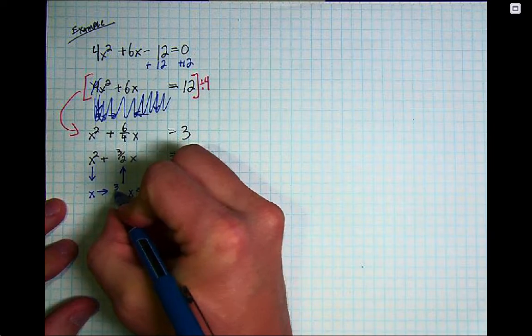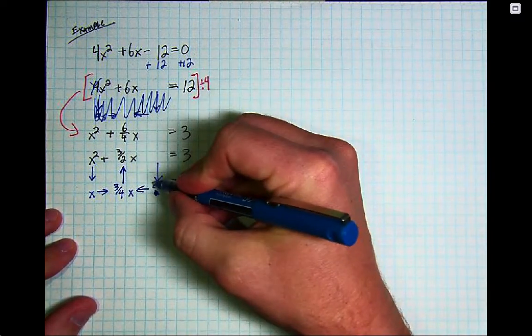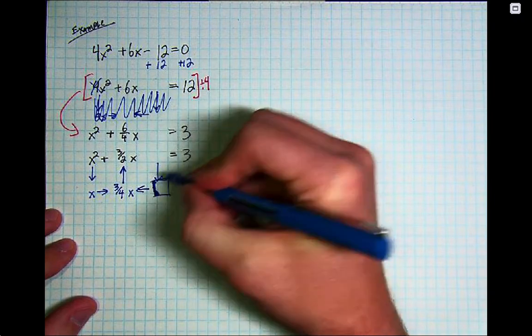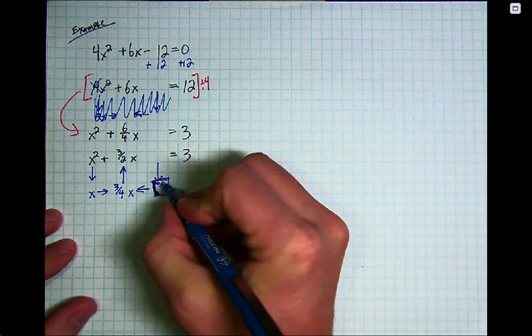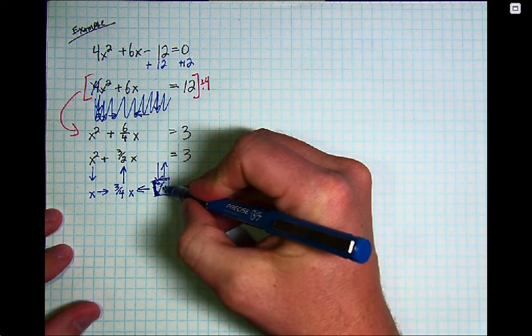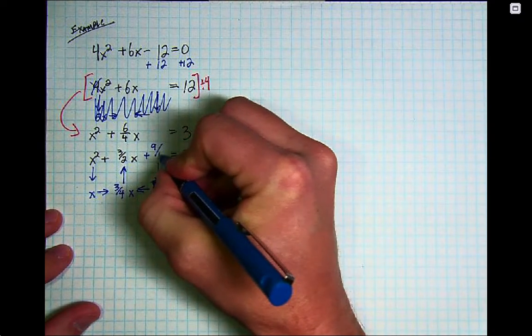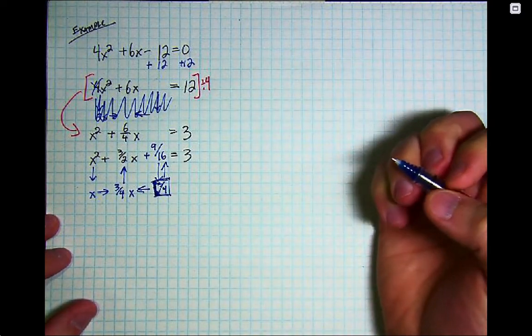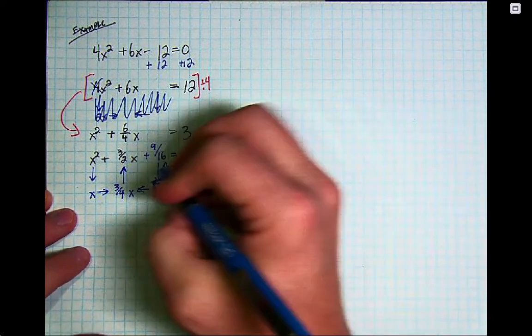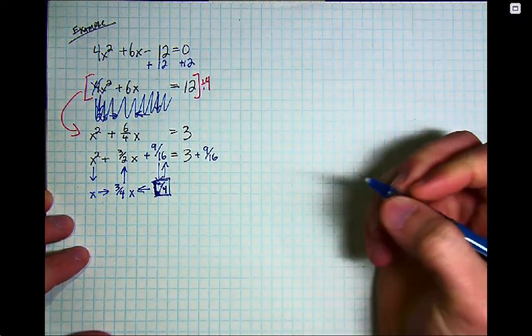It'd be 3/4 x. And that means, what's this question mark right here going to be? It must be 3/4. And that means, what must this be here? The square of that, which is 9/16. Lovely.